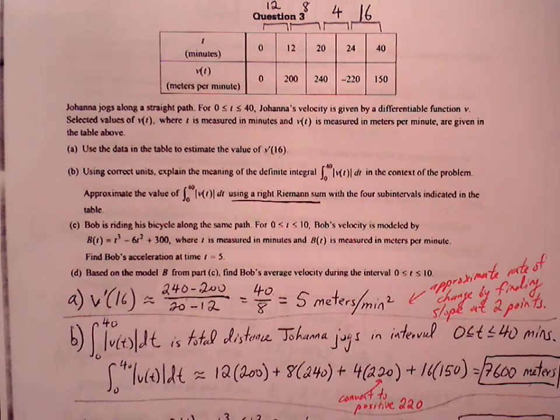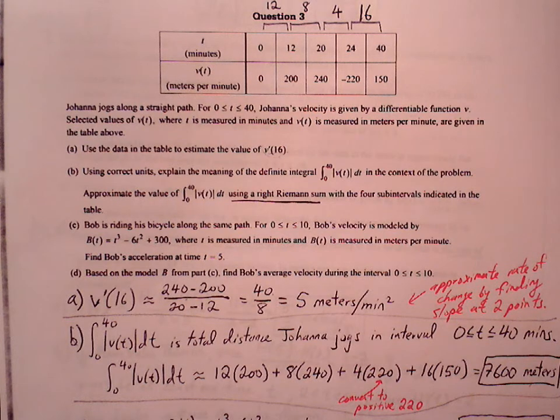For part B, using correct units, explain the meaning of the definite integral from 0 to 40 of the absolute value of v of t. Approximate the value of the definite integral from 0 to 40 of the absolute value of v of t using a right Riemann sum with 4 subintervals indicated in the table.